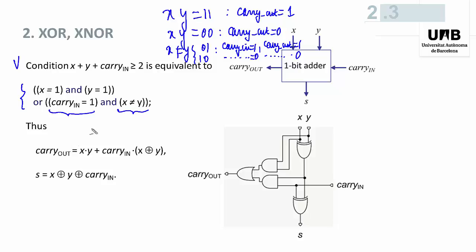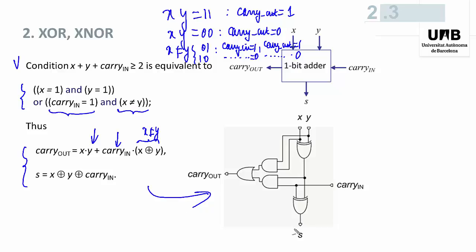And this can be written in this way. Carry out is equal to x times y plus, in this case it's the Boolean sum, carry in multiplied by x XOR y. X different from y and carry in equal to 1. So we get those equations to which correspond this circuit.